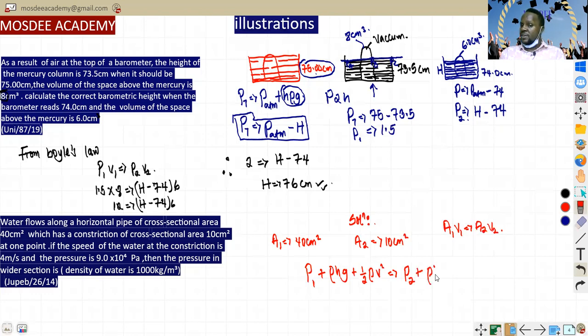I love writing rho gh, but you write it as h rho g, plus half, the second one is the density of the liquid and V2 squared. Let's take this one as half rho V1 squared. So here we can say this will get cancelled out. So directly you can now solve as this and this. You are looking for P2, you bring this one to the right hand side, substitute the values, and you have the answer. So you have gotten your V2 from the formula I gave to you. You can try it, but for now, I will take that as what you have not learned.